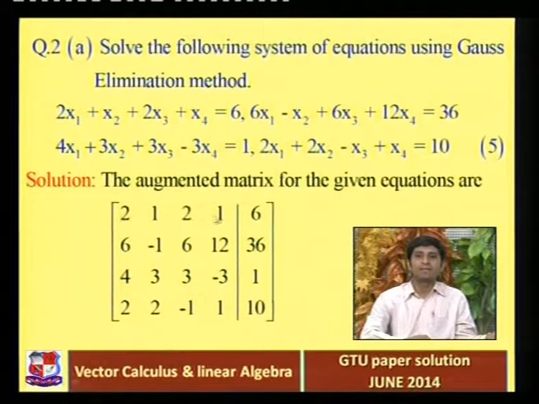Now we are multiplying the first row by -2 and adding it to the third row.